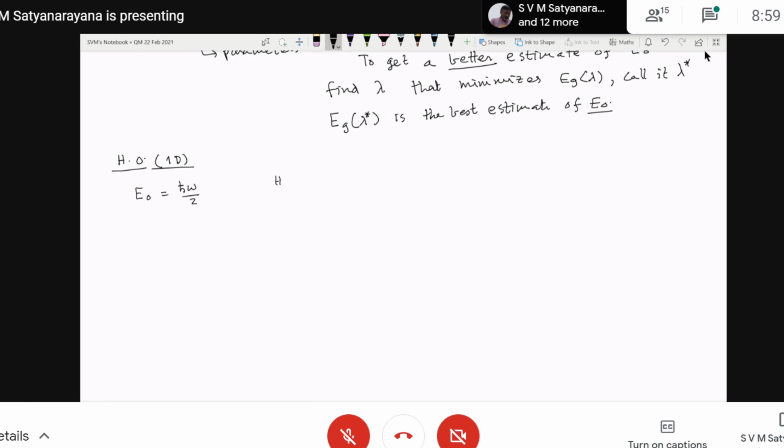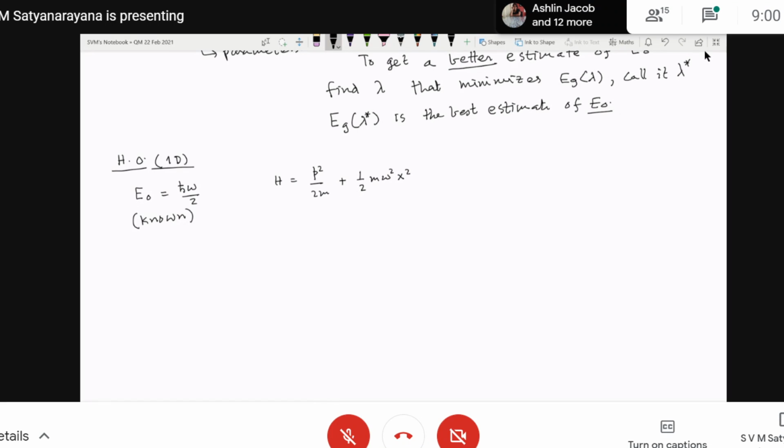And the Hamiltonian is p square over 2m plus half m omega square x square. So this is our Hamiltonian. This is known to us, but let us pretend that we don't know this ground state and we would like to find it out.